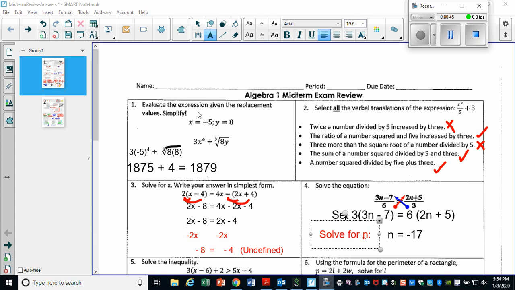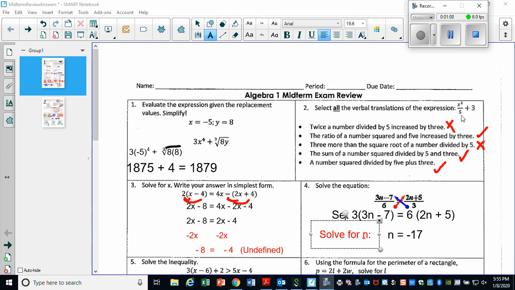That's problem number one. Problem number two, select all the verbal translations of the expression x squared divided by 5 plus 3. Choice 2 works, the ratio of a number squared and 5. Division is also ratio. And then increased by, you're adding 3 to your ratio.